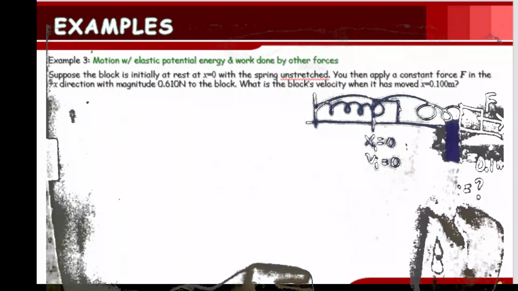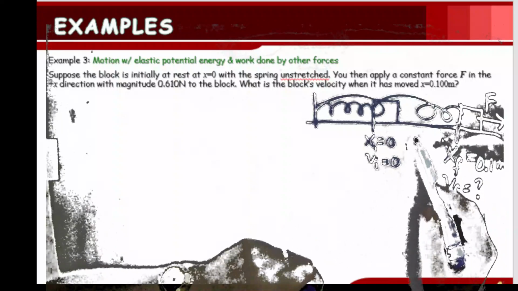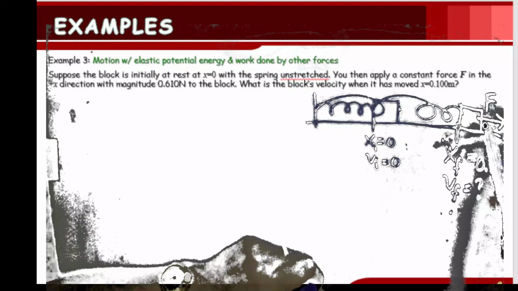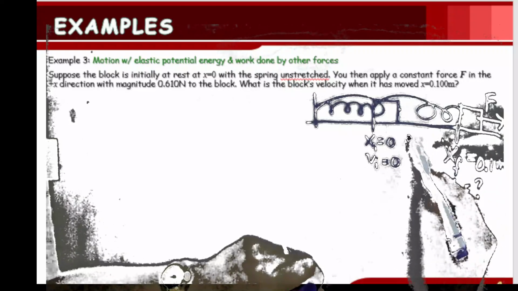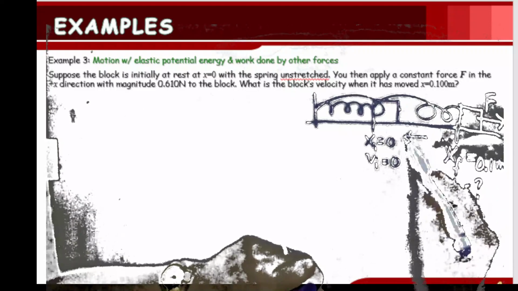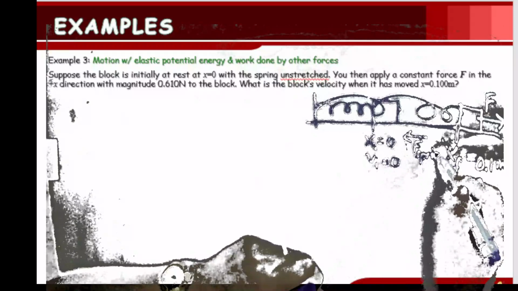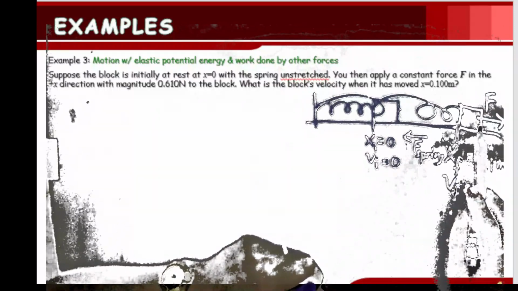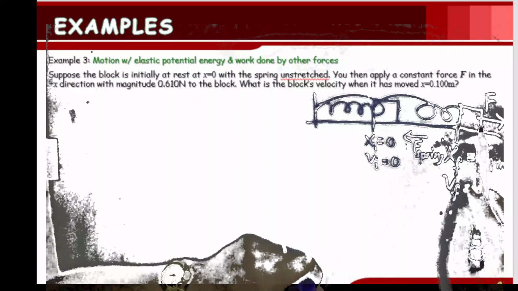So now, where is the spring directed? The spring is stretched to the right, so it opposes, or it goes back toward x equals 0. So your F spring will be directing leftwards. So aside from the spring or elastic force, the force exerted by your hand is also doing work.